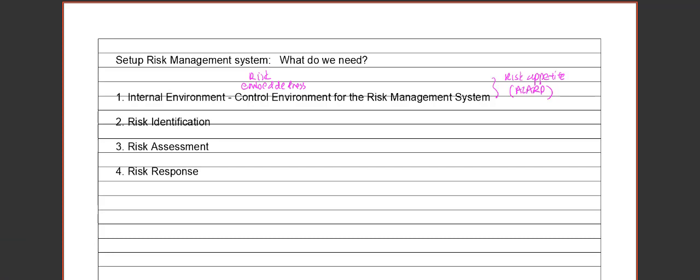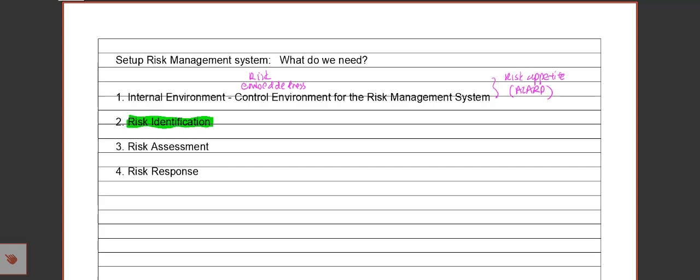Okay, so we will now enter the second stage of risk management, which is to identify risk. Now, we can use a very small business to start with, all the way to a much bigger business. And we can start imagining from the point that if you're going to set up a new business, even before you begin, how do you know what risk you're going to face?